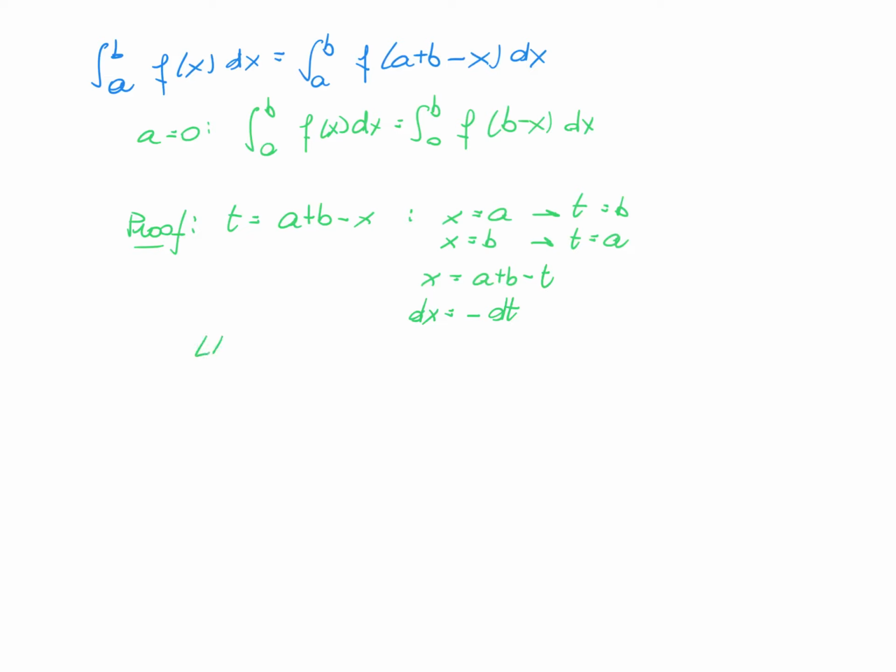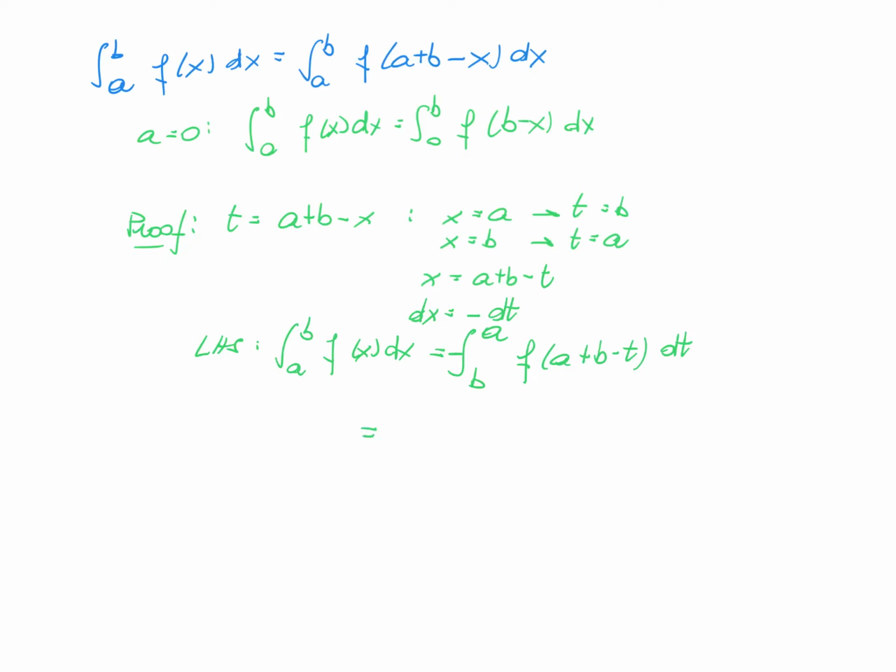And then we have the left hand side. The left hand side was the integral from a to b f of x dx. We apply the substitution, so we apply our change. x equal to a is the same as t equal to b. x equal to b is the same as t equal to a. f of x, so x becomes a plus b minus t, and dx is minus dt.